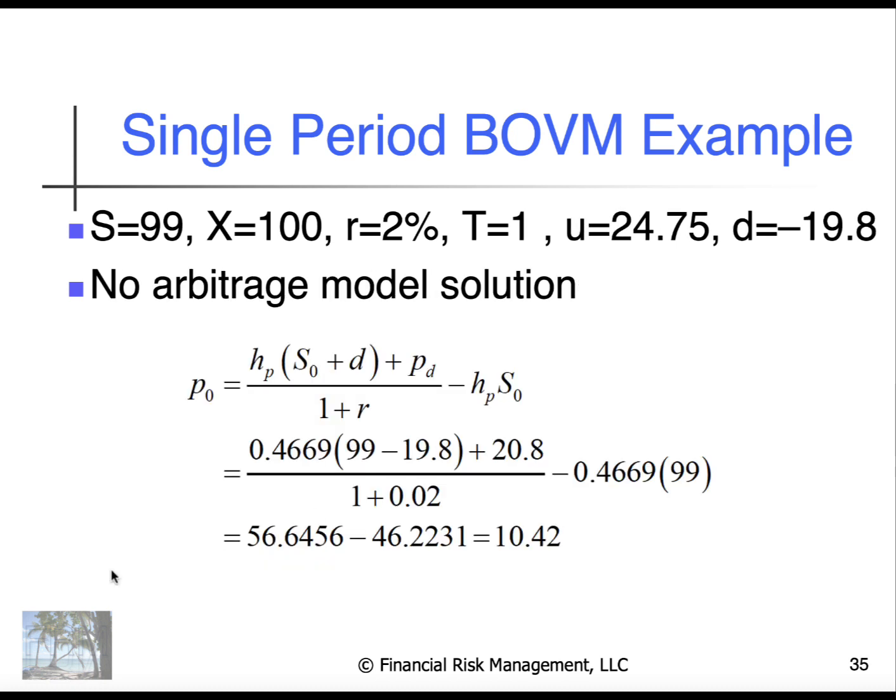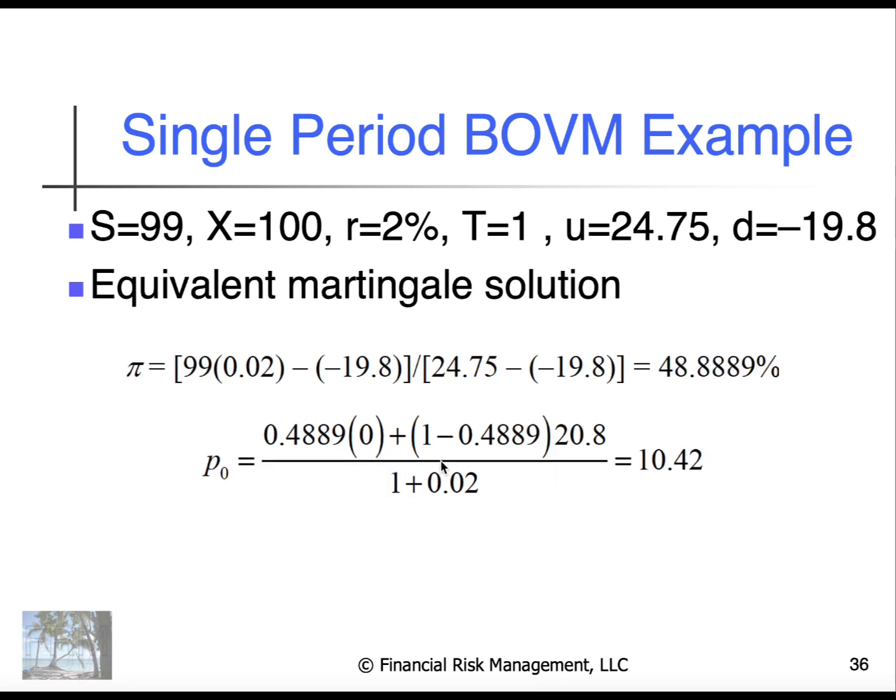With that hedge ratio, we can compute the no arbitrage solution, which would be $10.42. And with the case of the equivalent martingale measure, it's also $10.42. And so the two valuation models provide the exact same results. And so in the next part, we'll finish up with the ABM binomial model.